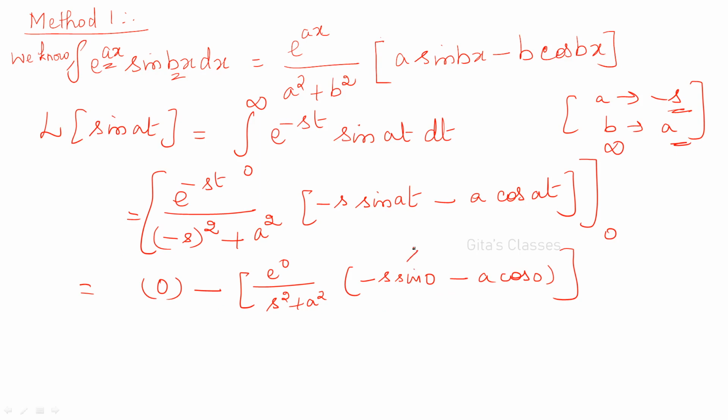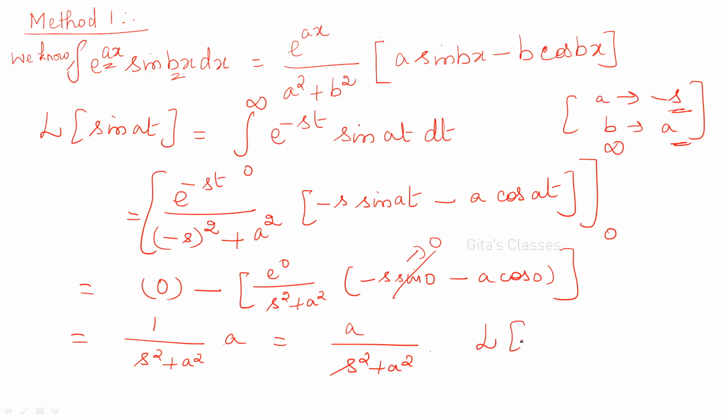Sin 0 becomes 0, so that term gets cancelled. Divided by minus and minus, it will become plus. e power 0 is 1. So 1 by s squared plus a squared into minus of minus a, so it is a. So this is a divided by s squared plus a squared.